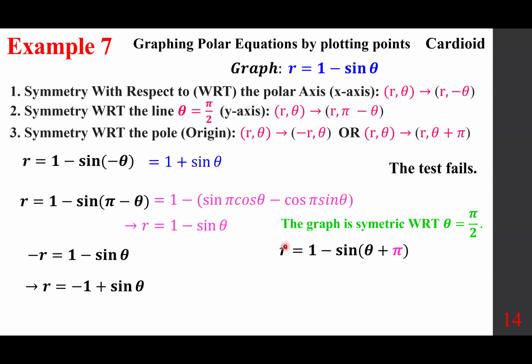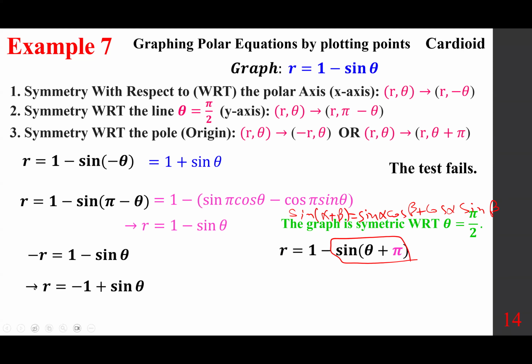I just wrote the sine of alpha minus beta for you. Let me just quickly write this too. Sine of alpha plus beta: sine alpha cosine beta plus cosine alpha sine beta.